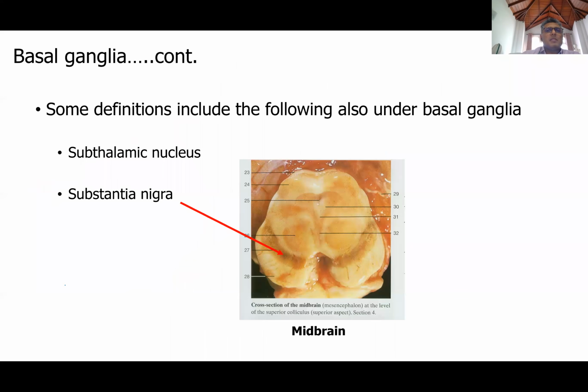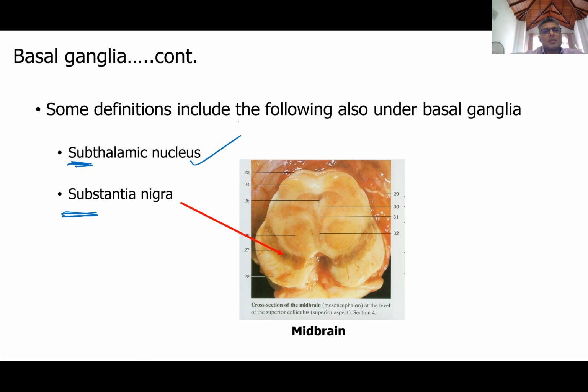Then some authors of books include another basal ganglion, which is the substantia nigra, and there are also what are called subthalamic nuclei in the diencephalon. The substantia nigra is actually not in the cerebrum.